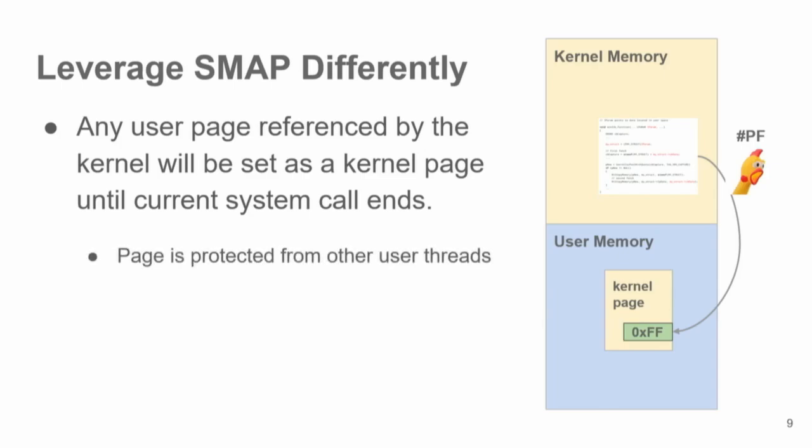One is that this page is protected from all other user threads, because it is in kernel space now, so no other user thread can override a kernel page. The second is that we satisfy the current SMAP page fault. When we re-execute the faulting instruction, it won't be triggered again, because it is no longer kernel code accessing user memory.